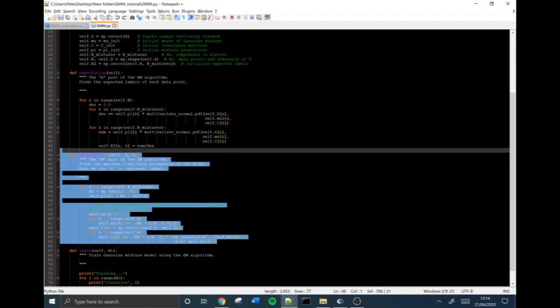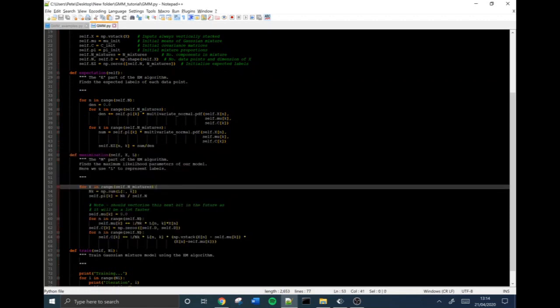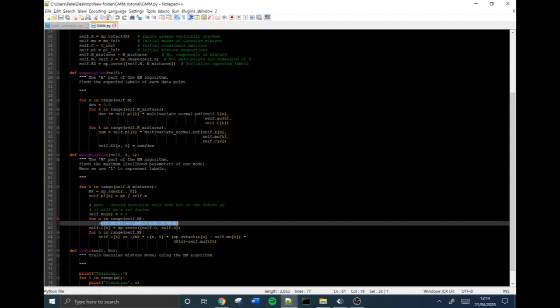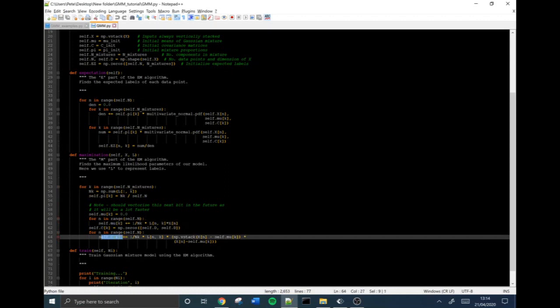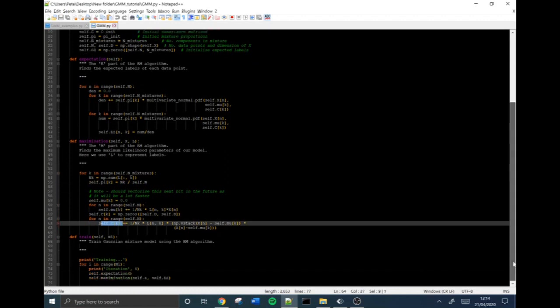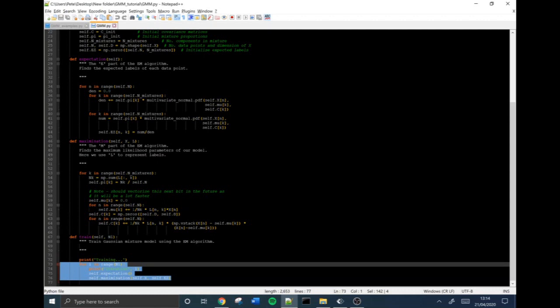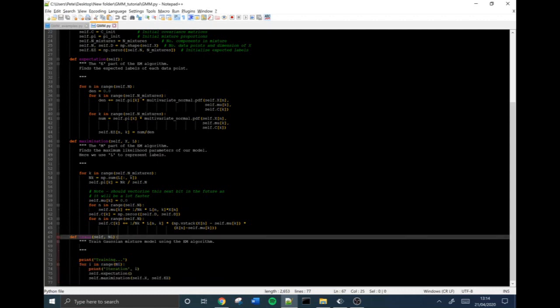And then this maximization step, where we find the maximum likelihood mixture proportions, means and covariance matrices. And then we tell it to train for ni iterations, and it simply loops over the expectation and maximisation steps.